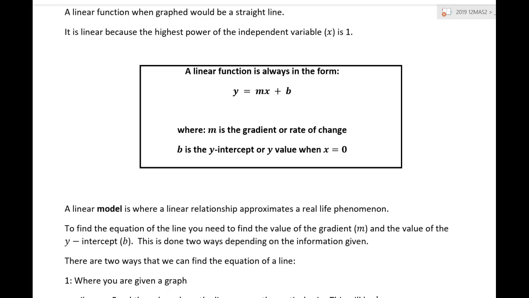Okay, so I want to go from maybe a table of values or a graph to an equation like this. The great advantage of an equation like this is that I can use this then to find any other matching values that I like. Okay, I can substitute into this once I've got an equation. I've got a formula as such, and I can use that to find all sorts of other things.